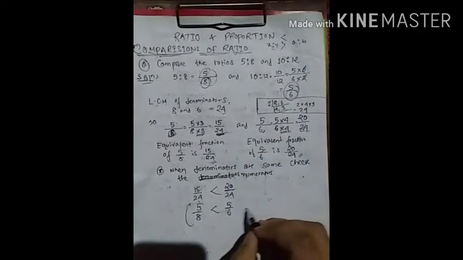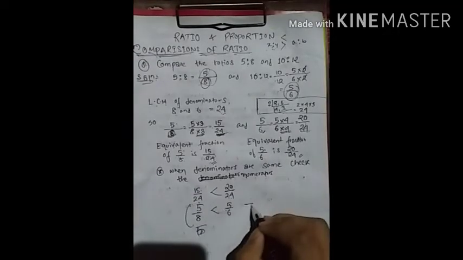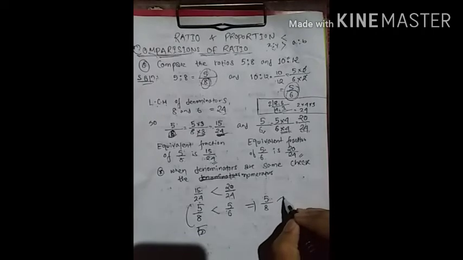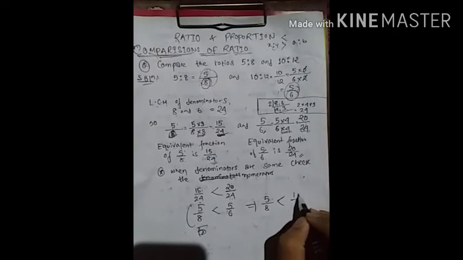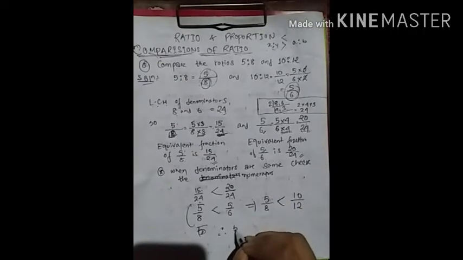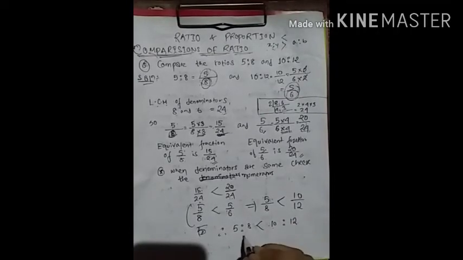So we will directly write that 5 by 8 is smaller than 10 by 12. Therefore we can say that 5:8 is smaller than 10:12, or we can say that 10:12 is greater than 5:8.